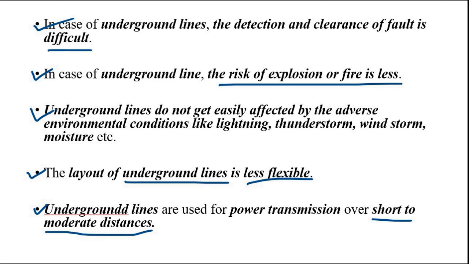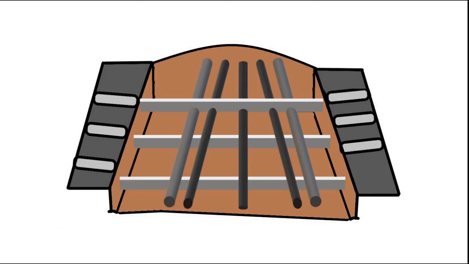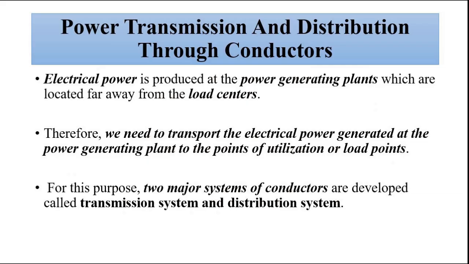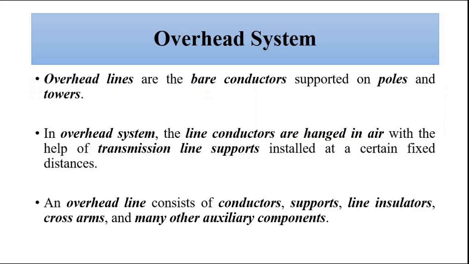Taking into account various things, a suitable choice is made, weighing both the advantages and disadvantages of the overhead and the underground systems. So these are some of the basic concepts related to power transmission and distribution through conductors, mainly divided into two main categories, the overhead and the underground system.